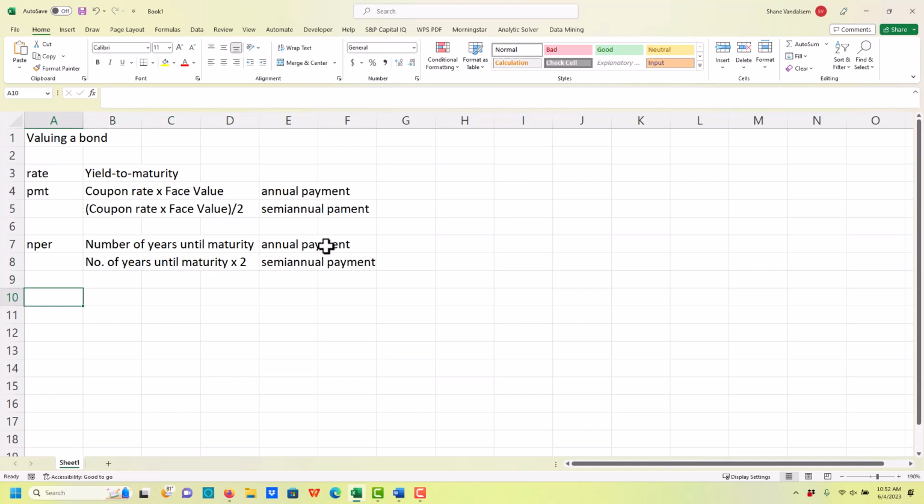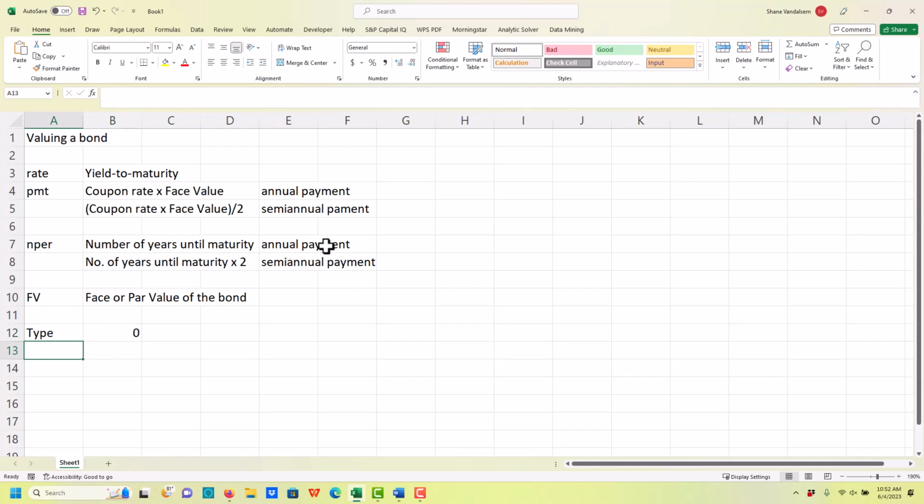The future value is the par or face value of the bond. It means the same thing. And then we're looking for the present value. The type is usually 0 unless I tell you otherwise, but you should always assume that it's 0. Okay. So that gives us our inputs.